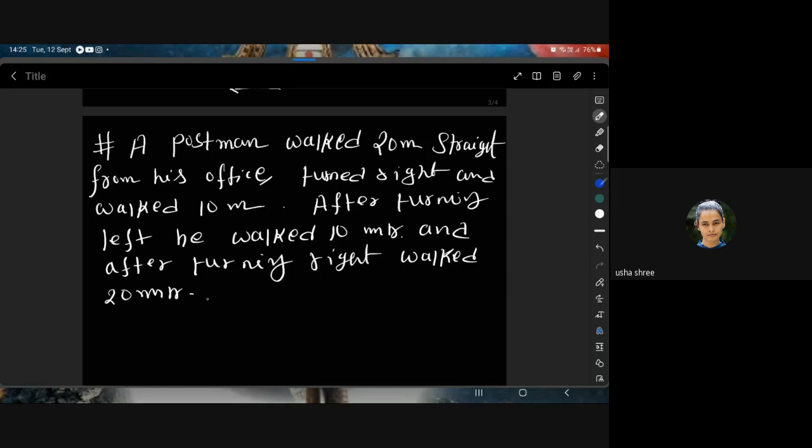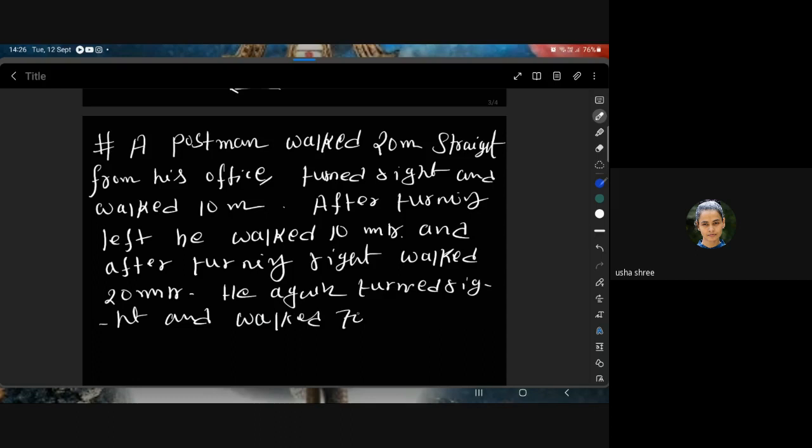He again turned right and walked 70 meters. How far is he from his office?